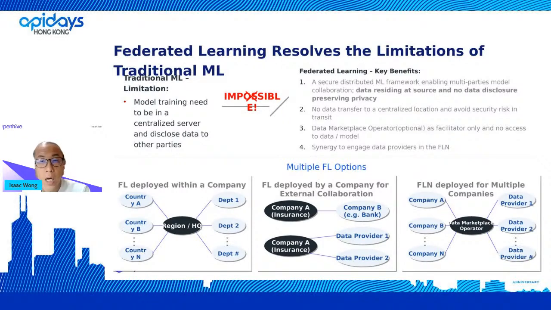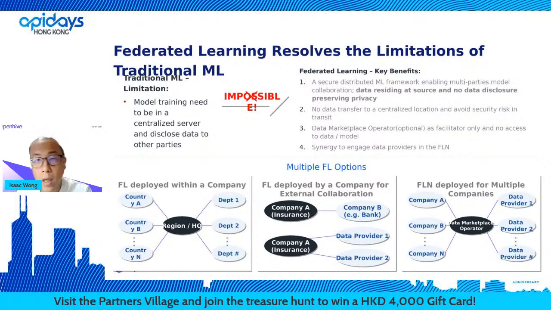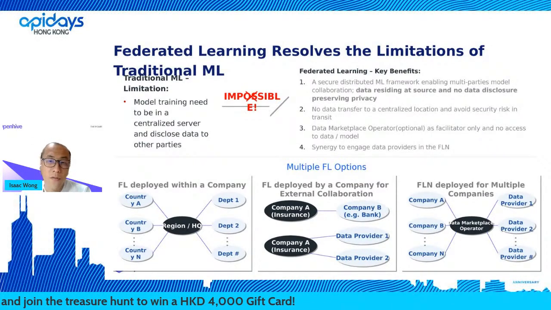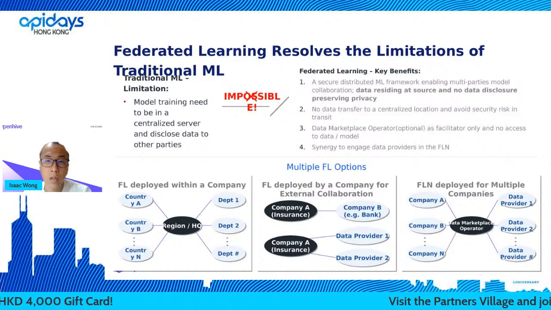And at the same time, data privacy can be preserved with the deployment of advanced encryption technologies like homomorphic encryption and also PSI. So federated learning has given us a new way to approach the challenges and opportunities of data collaboration.